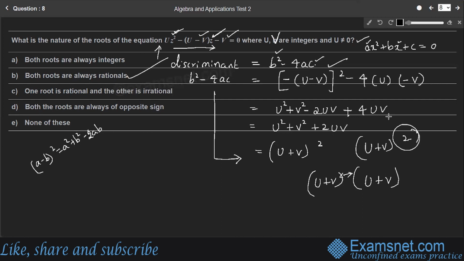Therefore, option B is the right answer. Rational roots means you can express the roots in p by q form, where q is not equal to 0. Therefore, the roots are always rational. Option B is the right answer.